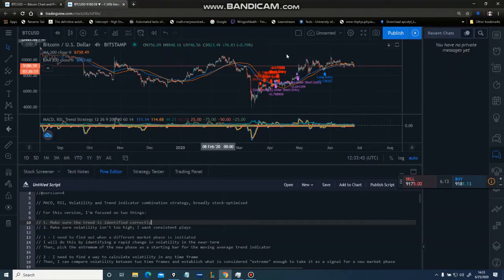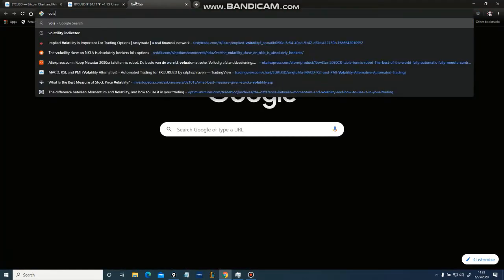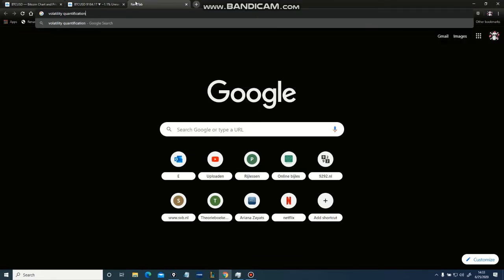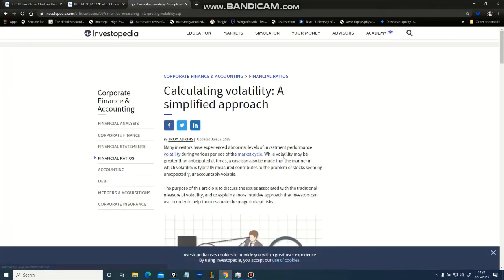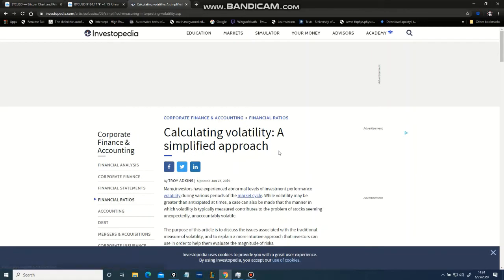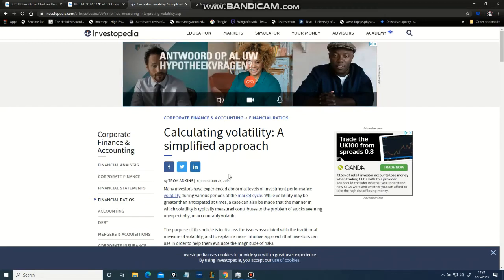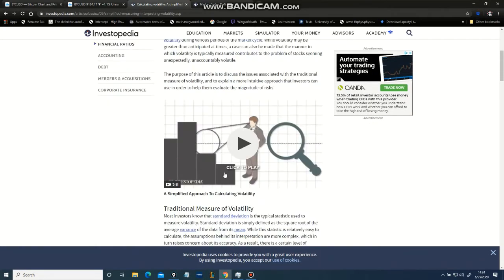Now volatility, as I understand it, is price change relative to the mean. Alright, standard deviation is the typical statistic.